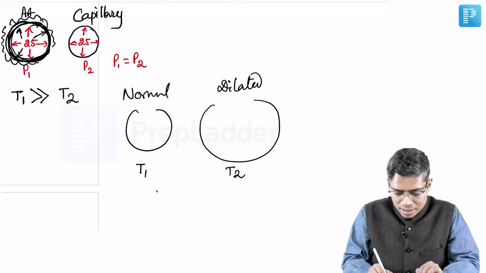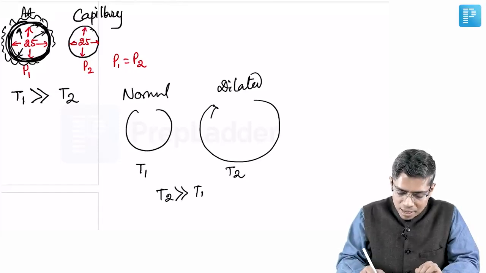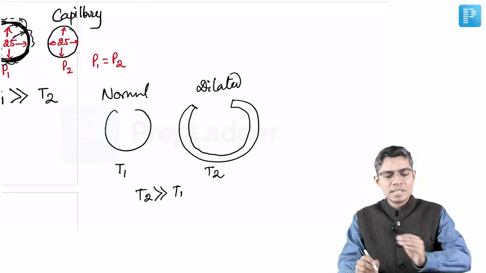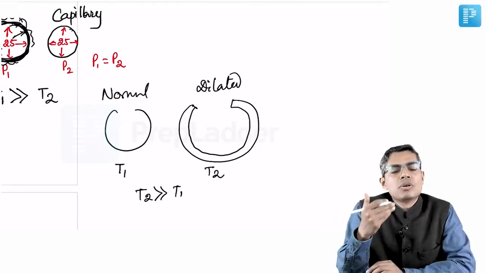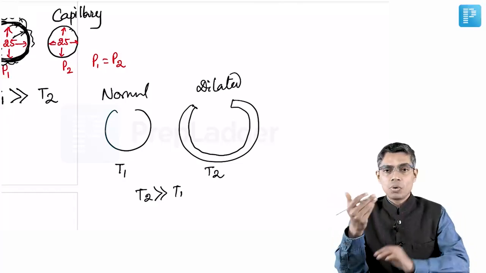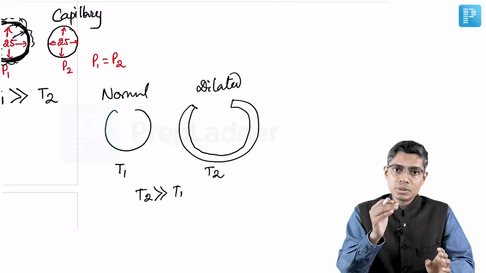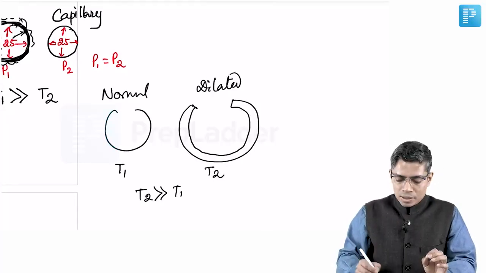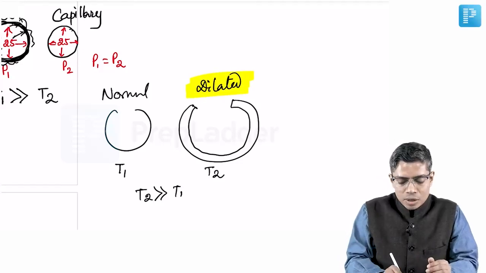Obviously I can understand that in this case T2 will be more than T1, meaning dilated heart wall tension will be more. And remember, we will be discussing that more wall tension means the heart muscle will consume more oxygen. Oxygen requirement of the myocardium is directly proportionate to the wall tension. That's why it is asked in your question why a dilated heart consumes more oxygen than a normal heart.